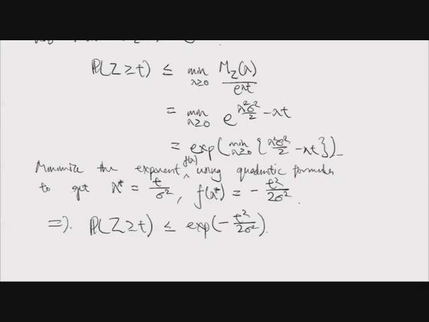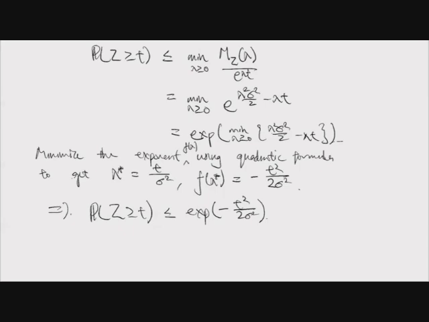Okay, so now let's make some remarks about what we just did. If we compare this to the Gaussian density, the Gaussian density had exactly the same exponent over here. The only difference was the 1 over root 2 pi sigma squared on the outside that is not present here.